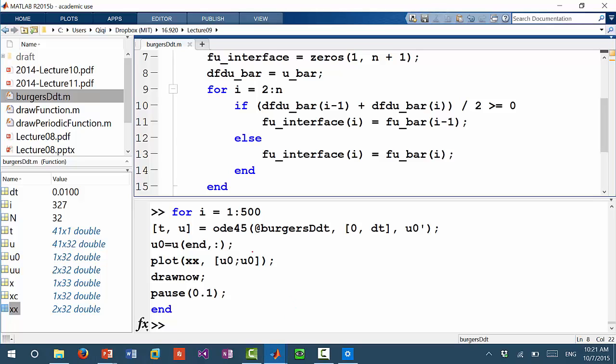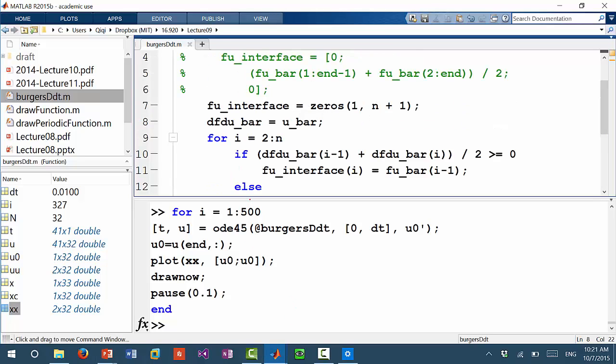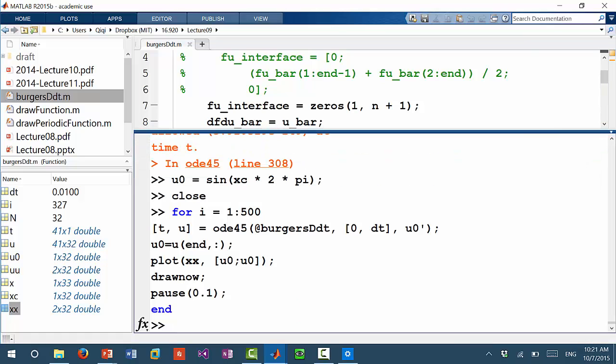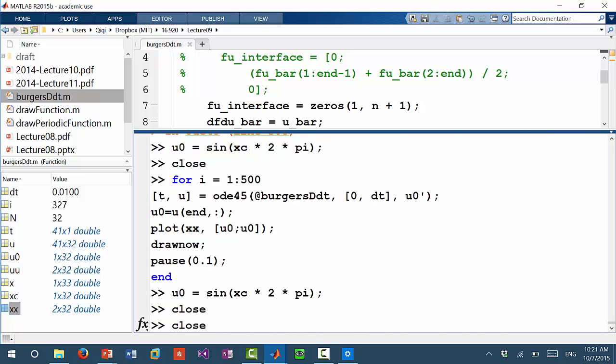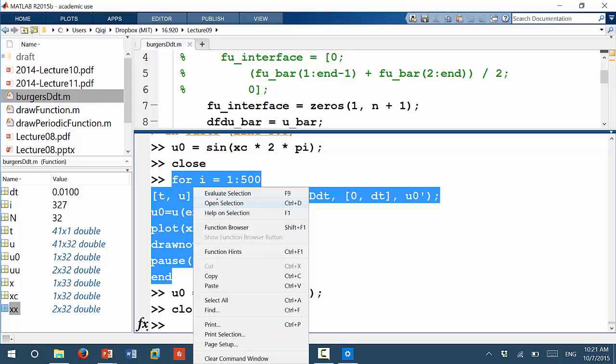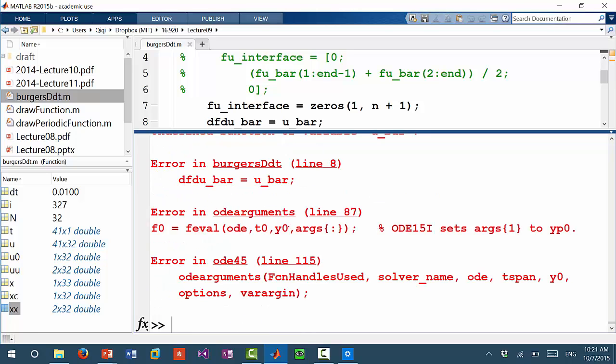Let's run it by first saying our initial condition, and we are gonna close the pictures, and I'm gonna copy this and evaluate. Okay, and let's see how it goes.